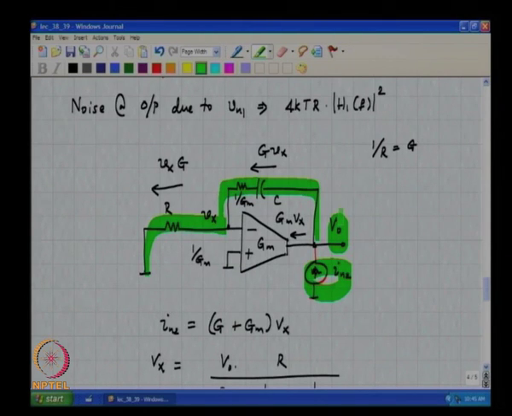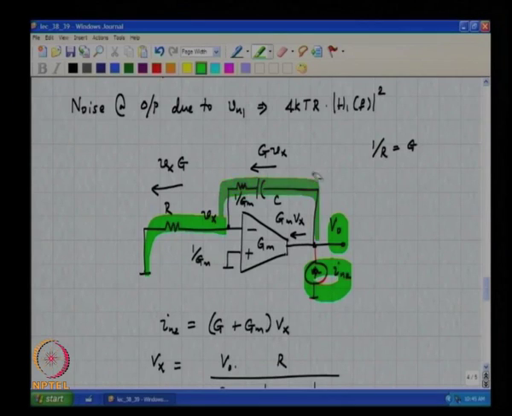The transfer function is nothing but the output impedance looking into the transconductor, right. At very high frequencies, what would be the output impedance? At very high frequencies, what is happening? The capacitor behaves like a short circuit.